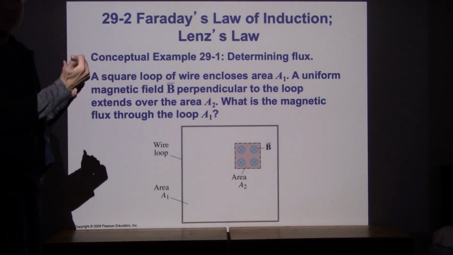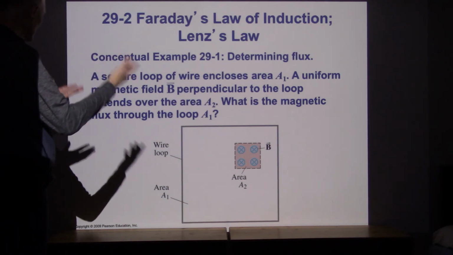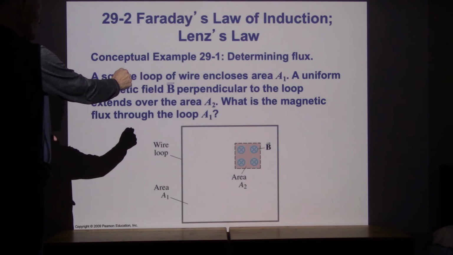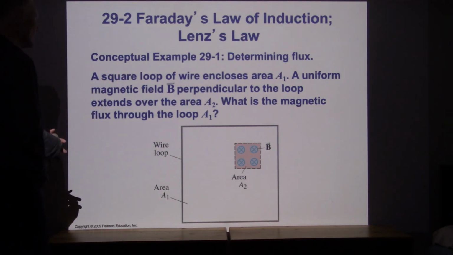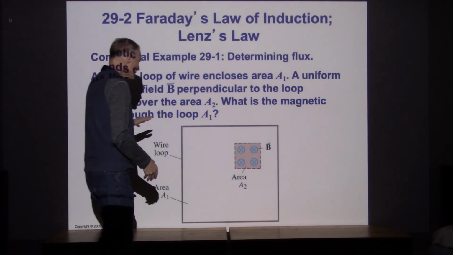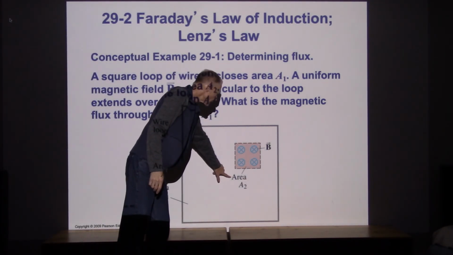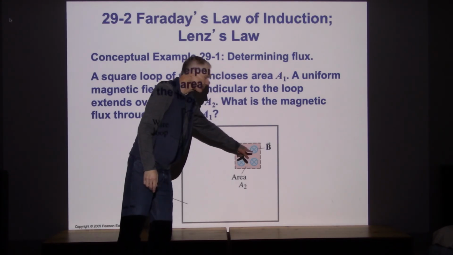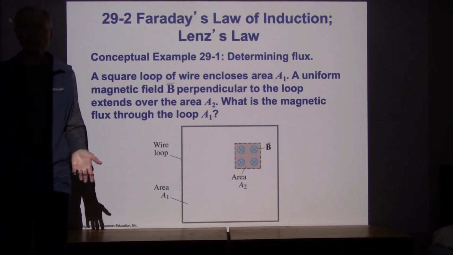Or it could be directly out of the board, but since the magnetic field is going in, I'm going to select the area vector to be in the same direction as the magnetic field. It's going to simplify things. And so the flux would be the magnitude of the B field times the area where the magnetic field is located. If there's a region where there's no magnetic field, that's not going to contribute to the flux.